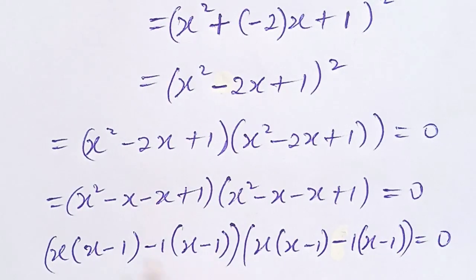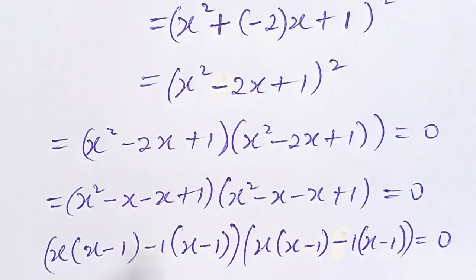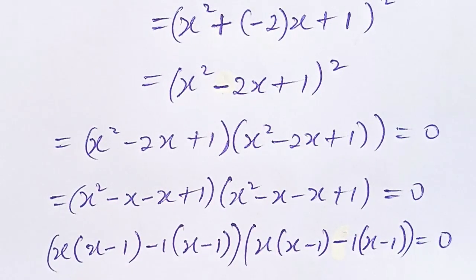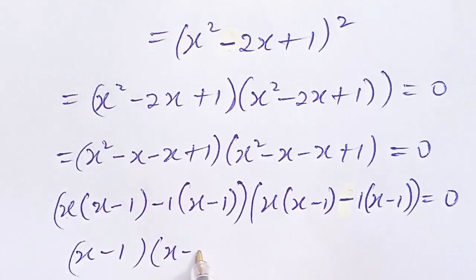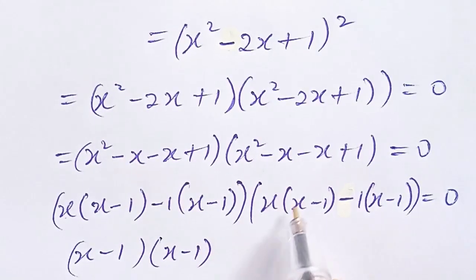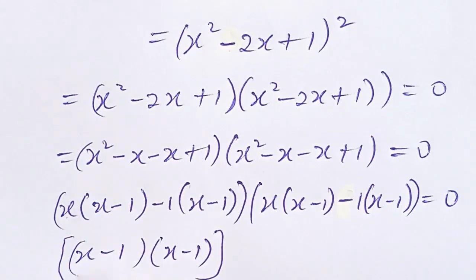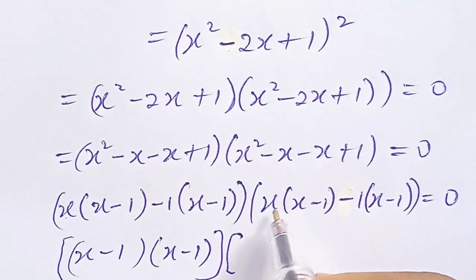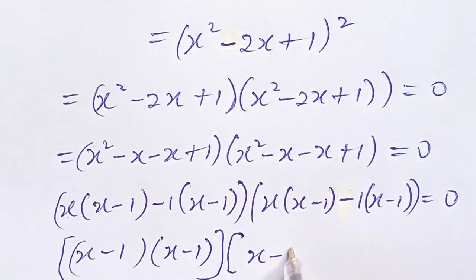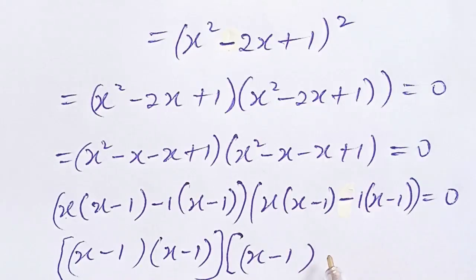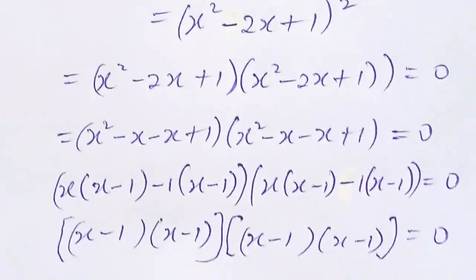So if we factor out, we have (x minus 1)(x minus 1) for this part, and for this part as well we have x minus 1 common, then x minus 1, then this part equal to 0.